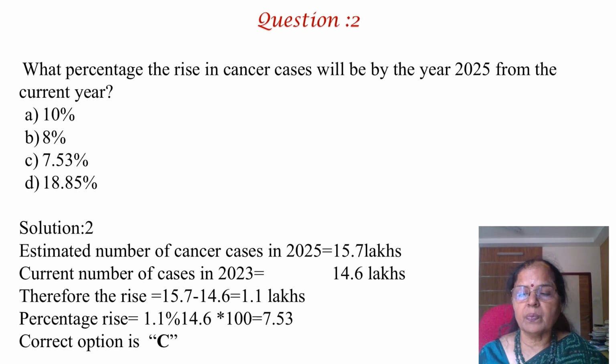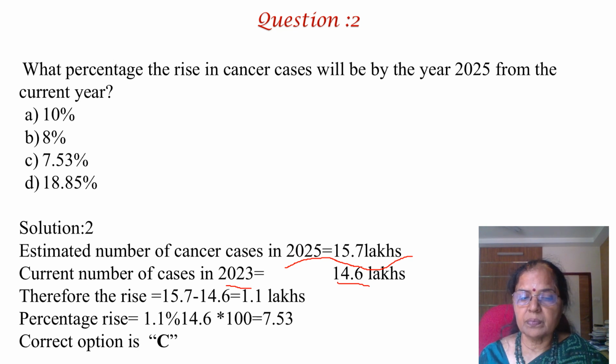And how will we work it out? Now, what is the number of the cases in the year 2025? It is 15.7 lakhs. And what is the number of the cases currently? It is 14.6.